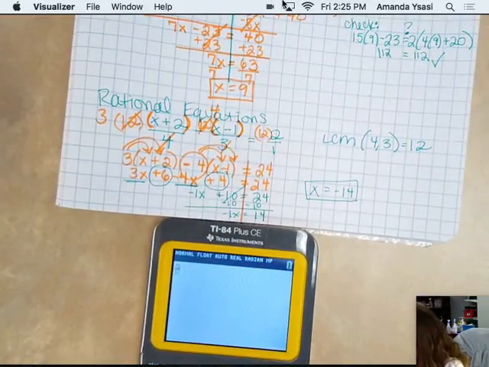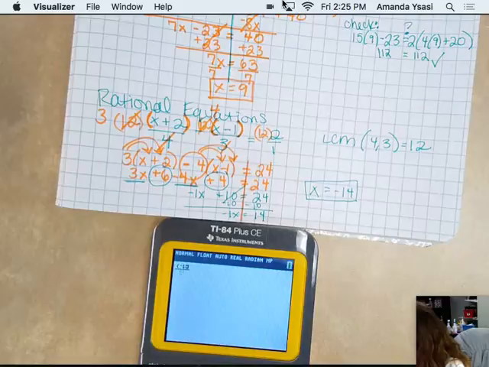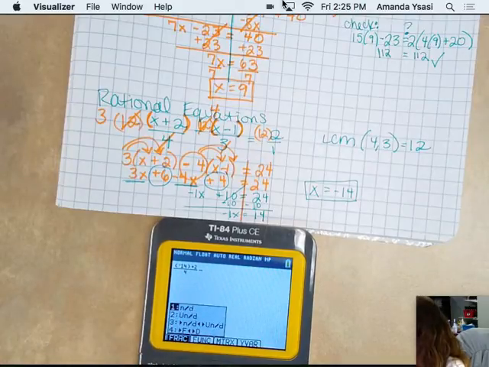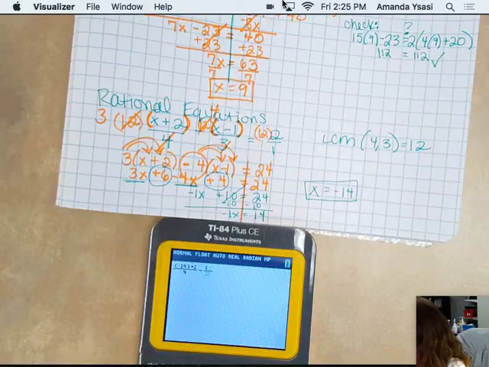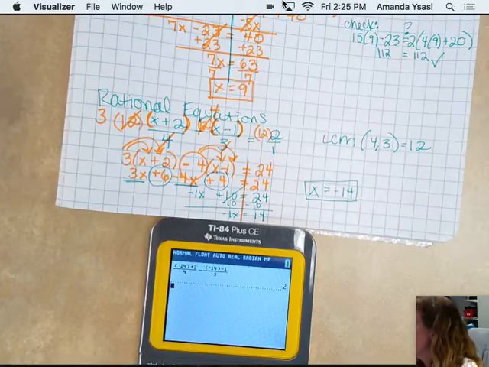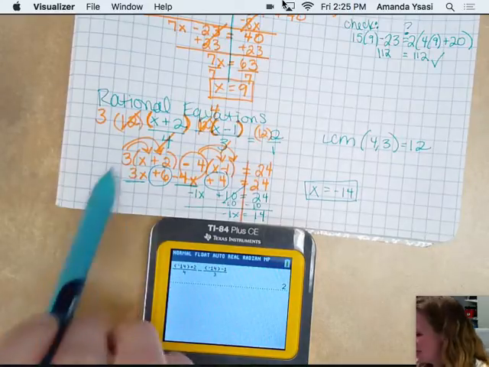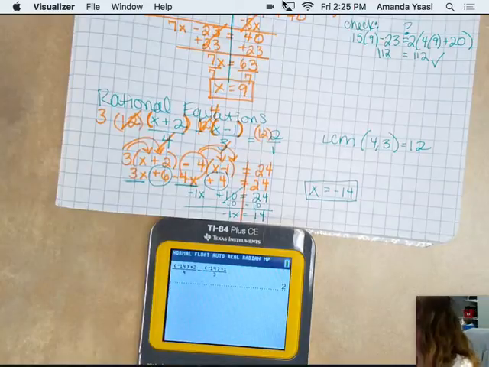And you do negative 14 in parentheses plus 2 over 4 minus another fraction, negative 14 minus 1 over 3. And it equals 2, so that means we did it right. This time I didn't even write it down, I just checked it.